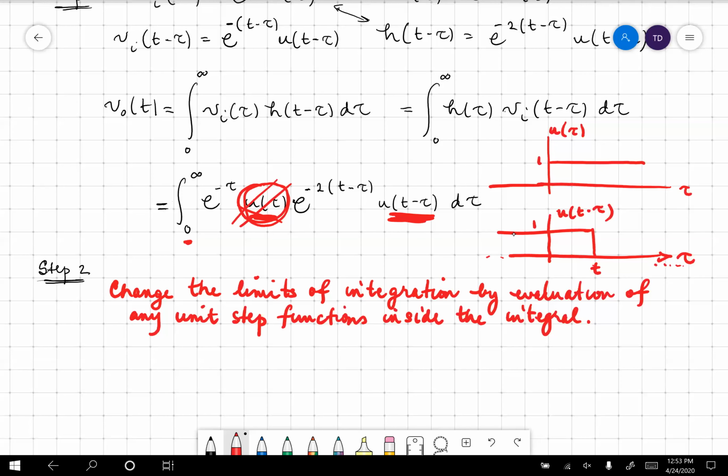This one stops our upper limit at t, provided what?